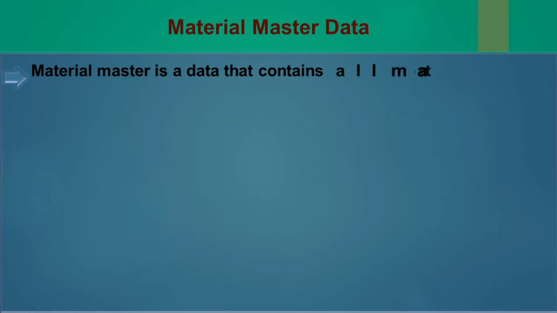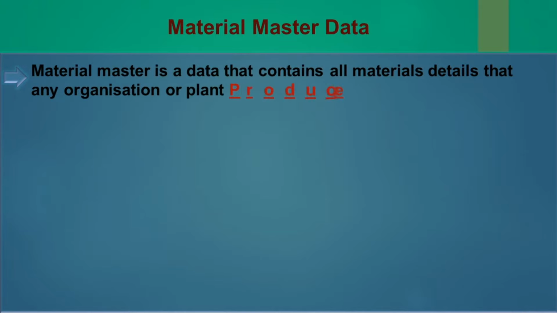So we will see how to create that material master and what material master means. Material master is data that contains all material details that any organization or plant buys from an external vendor, or produces internally, or sells. So even if any organization is just buying one material, like in the retail industry, buying from one party and selling it to another party, in that case also material master is required.